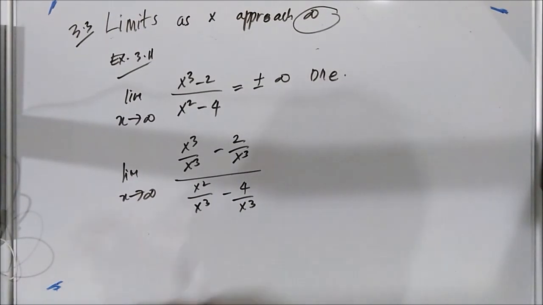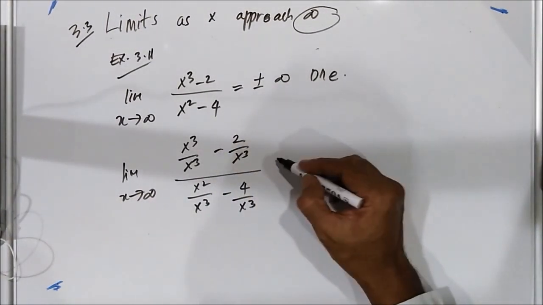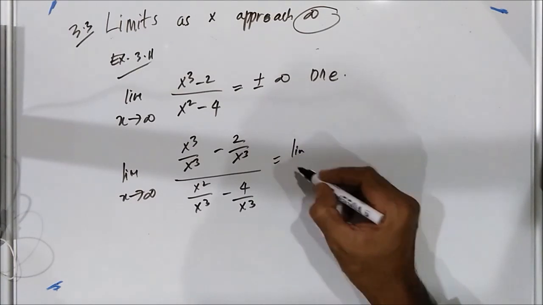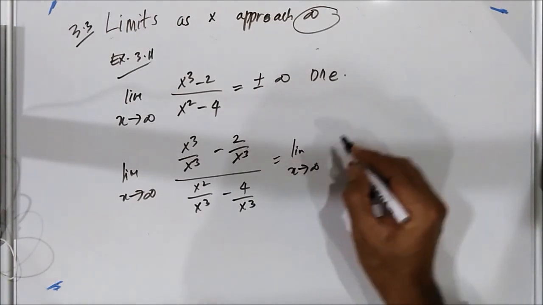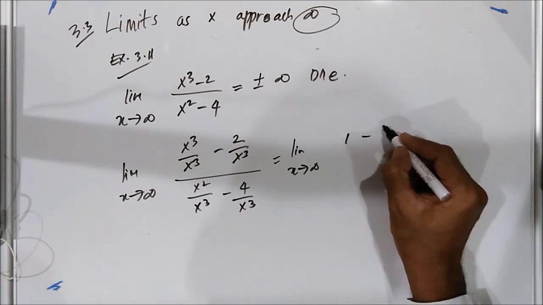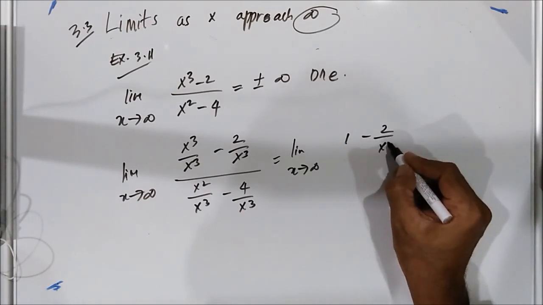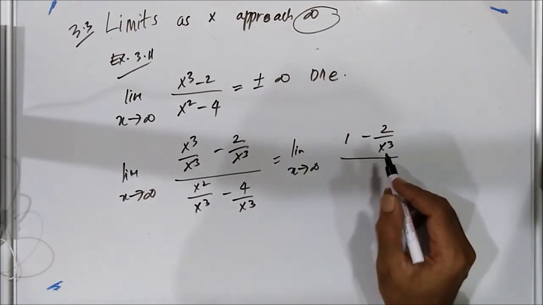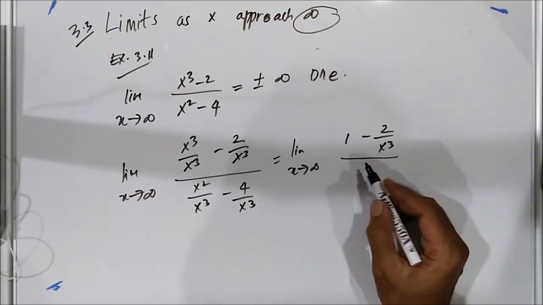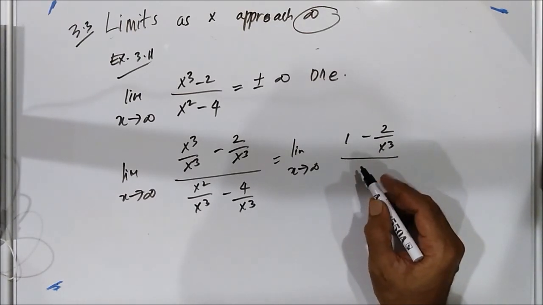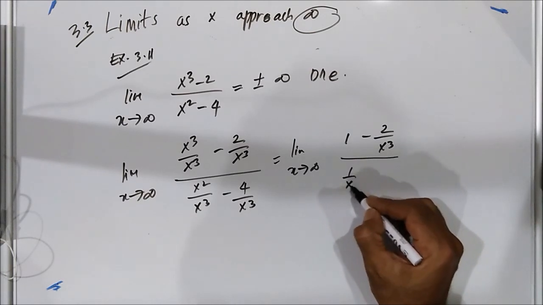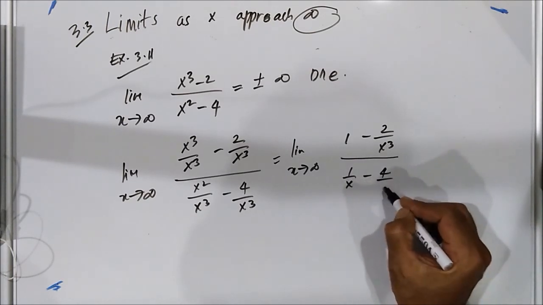Okay, x cubed divided by x cubed is equal to 1 here. So you get 1 minus 2 over x cubed, divided by 1 over x minus 4 over x cubed.